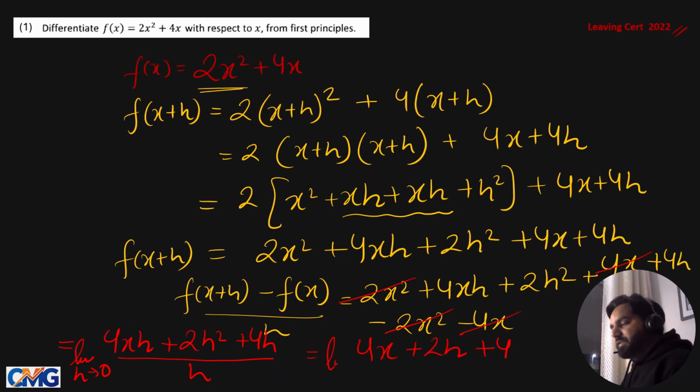And when you put limits, h tends to 0, this will become 4x plus 4, because this term which is given here, this will become 0 because h is 0.